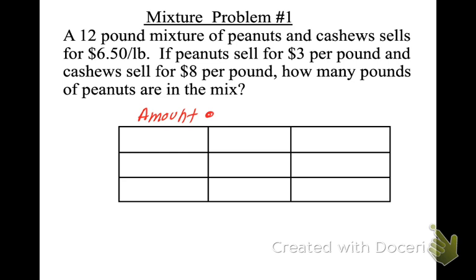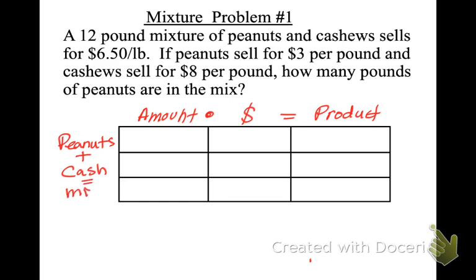Okay, so my units here are dollars, and we multiply and we get a product. What am I comparing? Peanuts and cashews. When we add them together, I put the peanuts in the bag and the cashews in the bag, we get a mix.